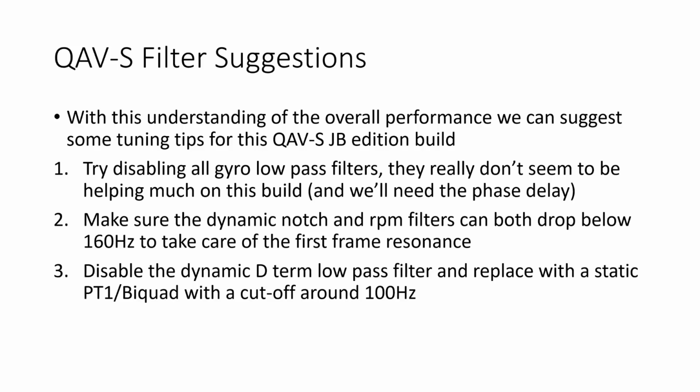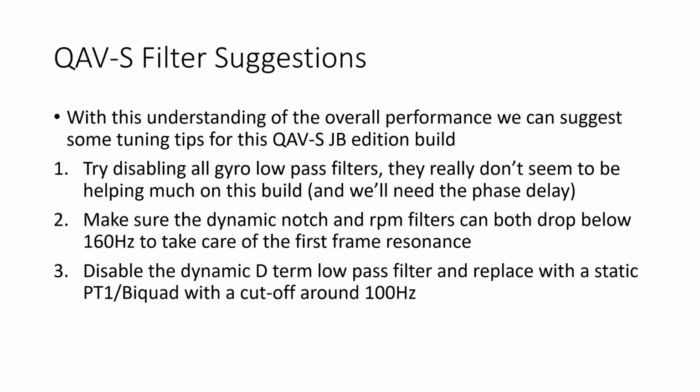There isn't a lot of high-frequency noise that really needs to be attenuated by these gyro low-pass filters. And if we can turn off these low-pass filters, we can actually save some phase delay. And saving this phase delay allows us to use it elsewhere to further improve the performance of the quad.